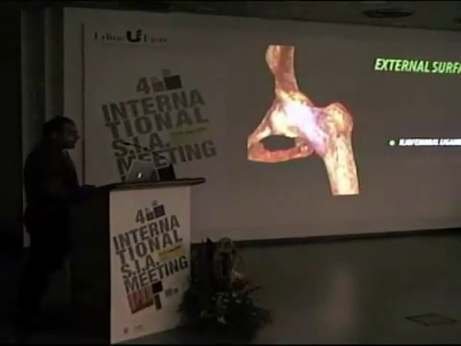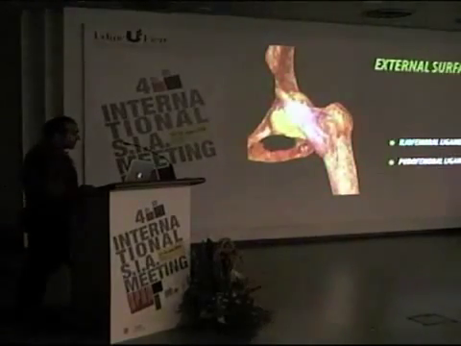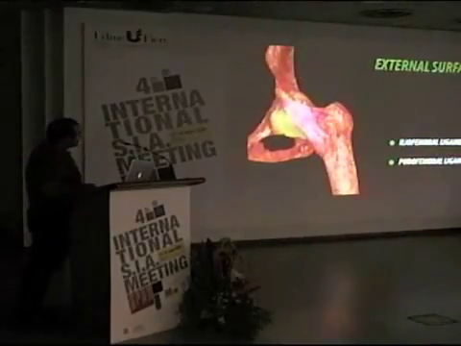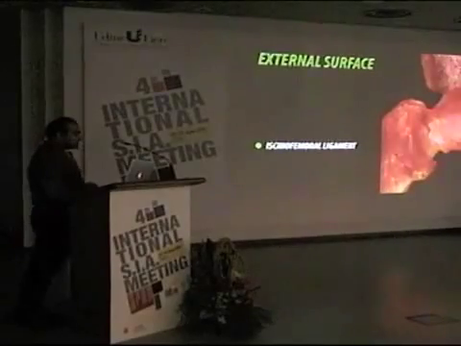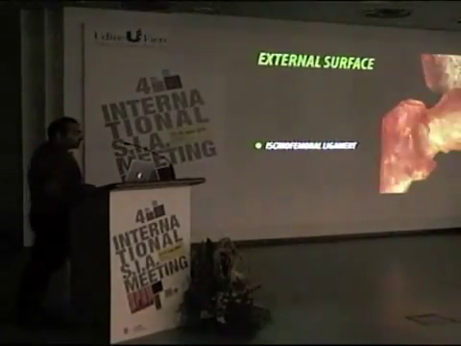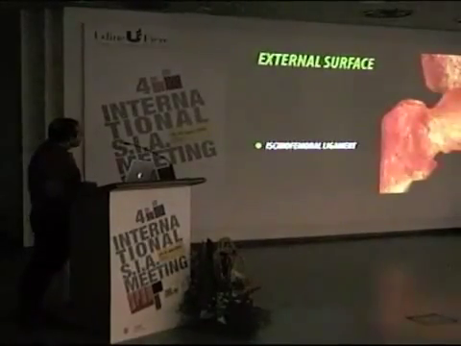The iliofemoral ligament attaches in the anterosuperior area of the acetabular labrum, and the pubofemoral ligament attaches in the inferior part of this anterior acetabular labrum. Posteriorly, in the external surface of the acetabular labrum, the ischiofemoral ligament attaches in the posterior surface of this labrum.